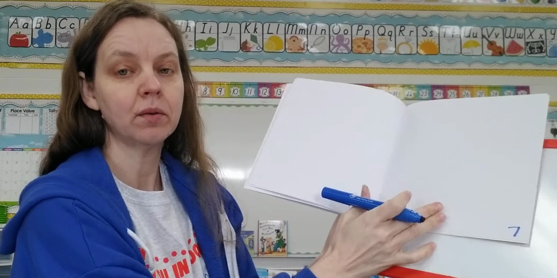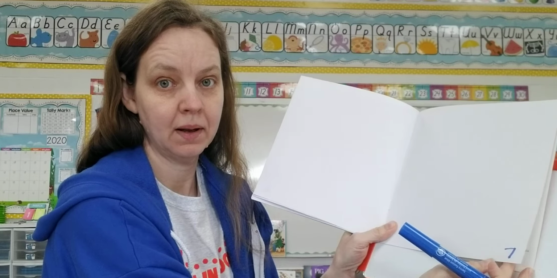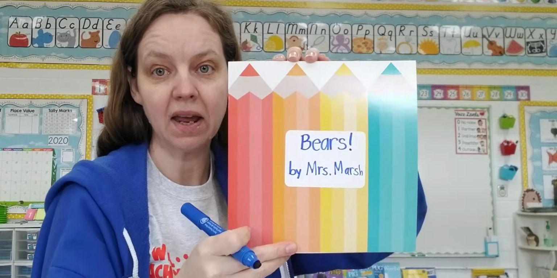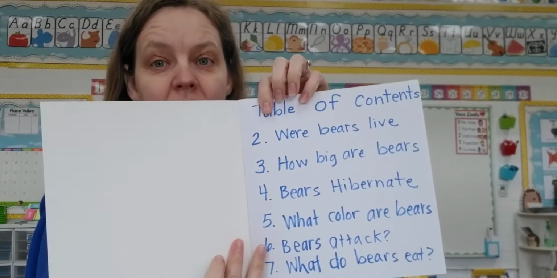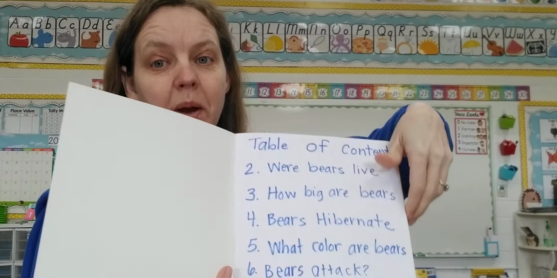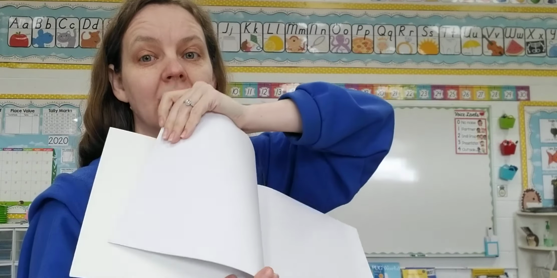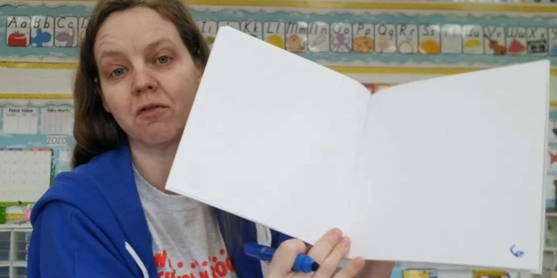And 7 was my last page, so I put it right there. So your pages are numbered. You have a title with an author name on the front, and then you have a table of contents as your first page. And then each page in your book has a number so we can easily find what we're looking for.